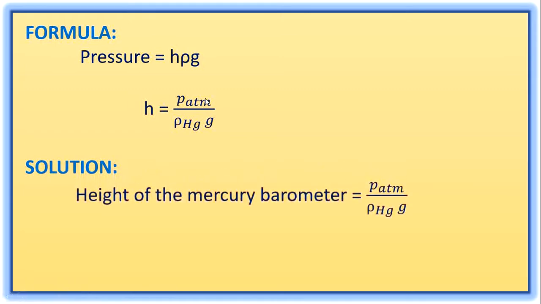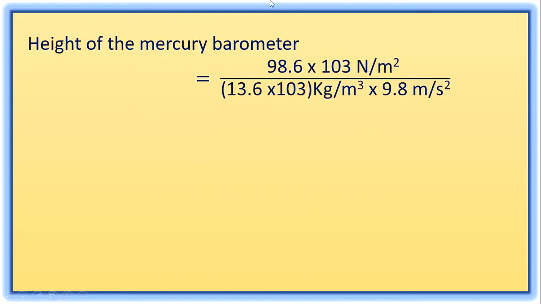Now we can find out the solution. Height of the mercury barometer is equal to atmospheric pressure by rho g. Height of the mercury barometer value 98.6 into 10 power 3 Newton per meter squared, and then 13.6 into 10 power 3 kilogram per meter cube, and then g value is given as 9.8 meter per second squared.